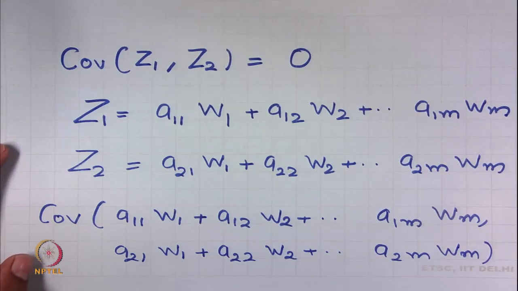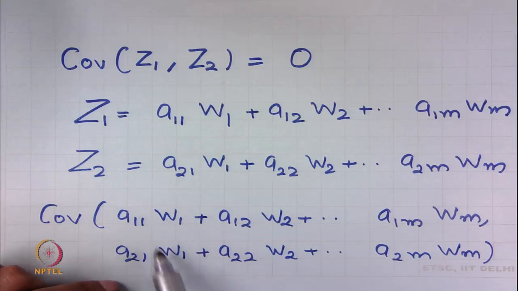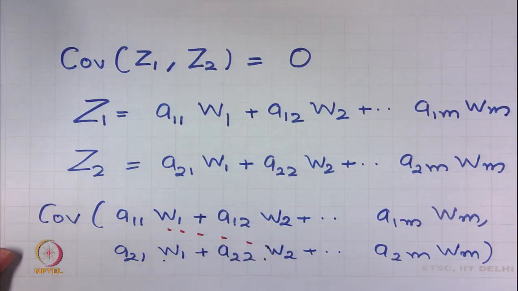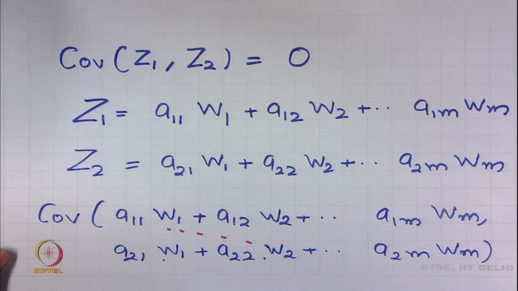All right. Now, we know that covariance is a bilinear operation. So, we can multiply these terms with these terms and there will be some cross terms. Okay. I will not derive this completely, I will leave it to you to see that once you multiply these cross terms and you take the expectation after multiplying these cross terms, what we will get is a flat 0, because w1 and w2 are independent, right, and they are with 0 mean, right.